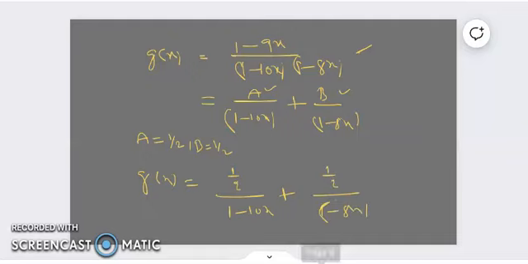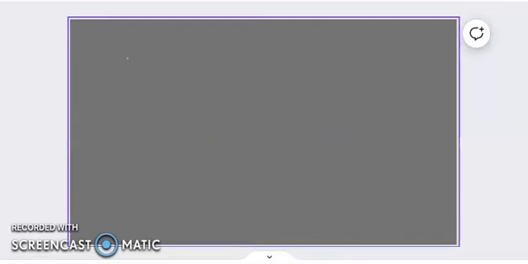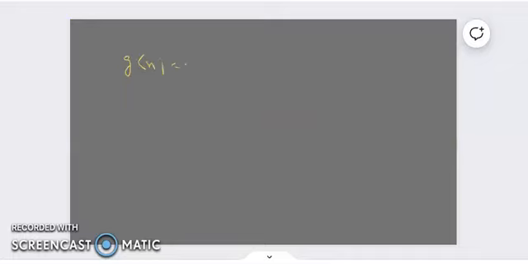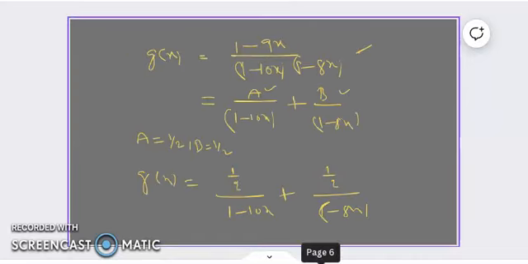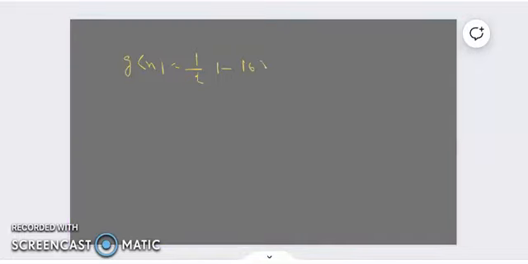Okay. Now g of x is equals to 1 by 2 into 1 minus 10x whole power minus 1 plus 1 by 2 into 1 minus 8x whole power minus 1.